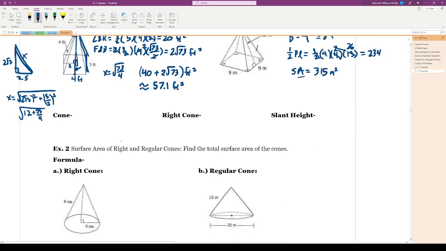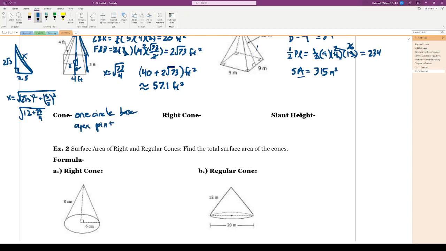All right, so moving on from pyramids to cones. Cones are like the equivalent for circles, like cylinders are to prisms, cones are to pyramids. So a cone has a circular base, so one circle base, and an apex point.